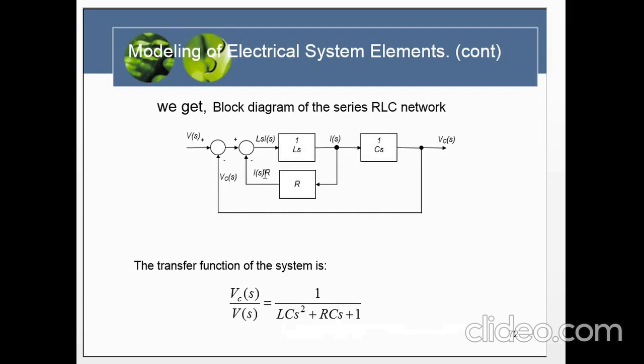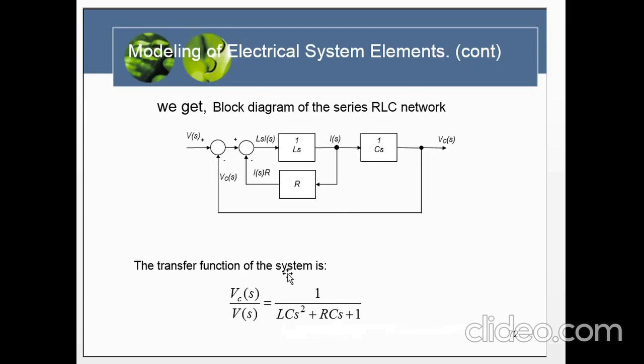You see here that 1 per Ls, then R. You see that Ls I(s) is equal to V(s) minus Vc and minus I(s)R, equal to equation 1, and then Vc(s) is equal to I(s) multiplied by 1 per Cs.